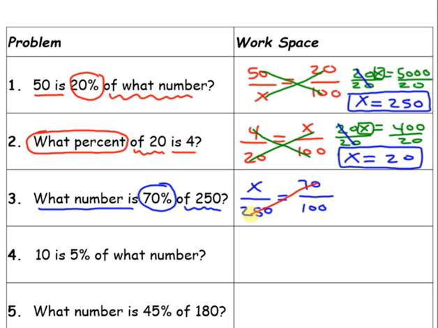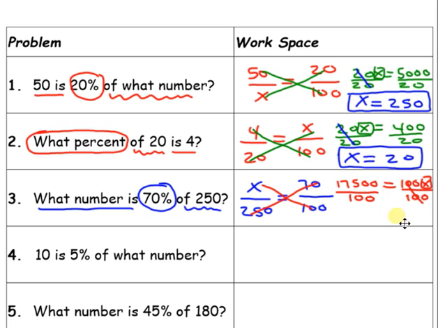So 250 times 70 is going to be 17,500 equals 100 times x is 100x. All right, we're going to try and box the variable there. Okay, we're going to divide by the coefficient it's attached to, which is 100.